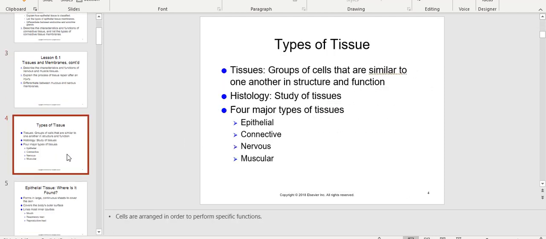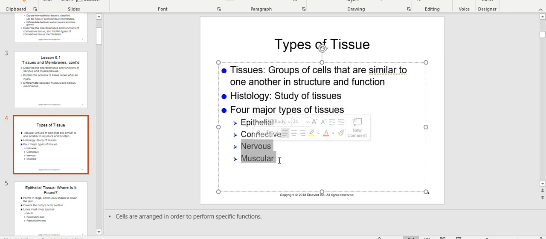The 4 different types of tissue: epithelial, connective, nervous, and muscle. You're going to know nervous inside and out because of your assignment. Muscle we'll talk about next week when we do muscle and bone. But today we're mainly going to talk about epithelial and connective tissue.